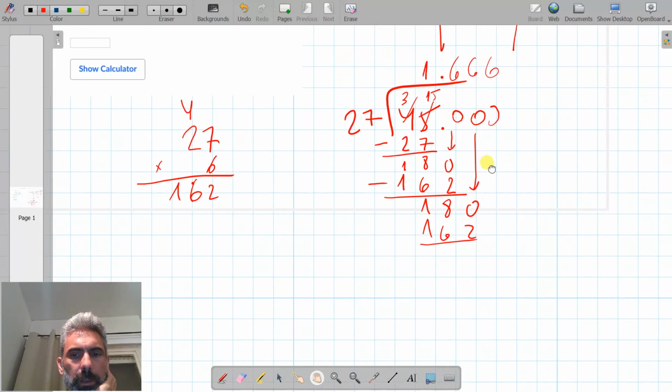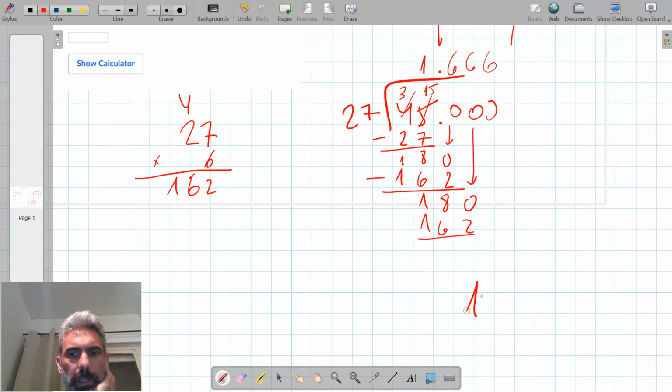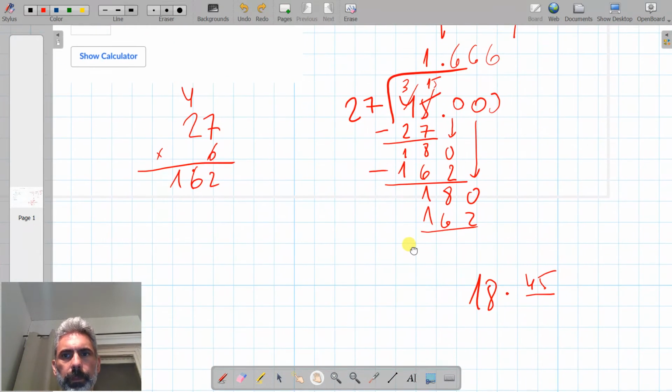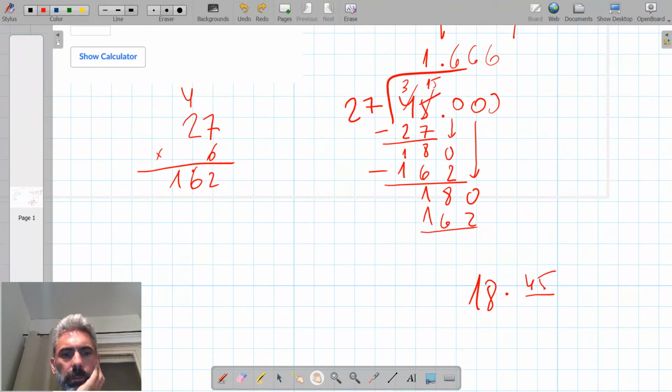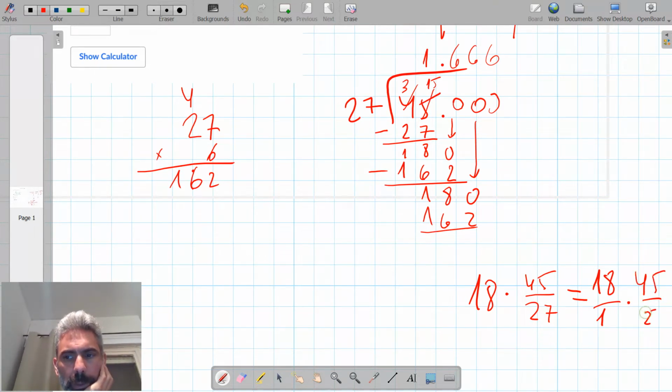Okay, so let's see. 18 times 45 divided by 27, which is the same thing as 18 over 1 multiplied by 45 divided by 27.